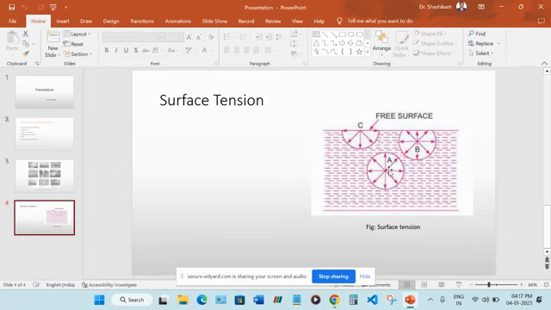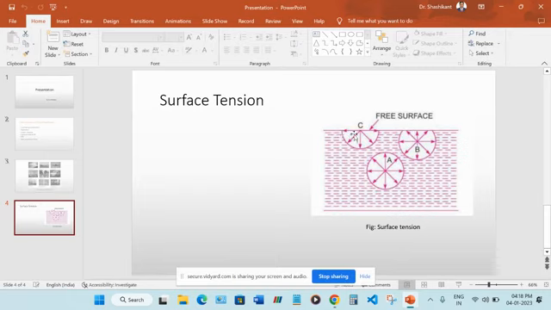If we see this surface under stretched conditions from the top, along the linear directions in both directions, we have forces per unit length. That is nothing but surface tension. Surface tension means the force per unit length.